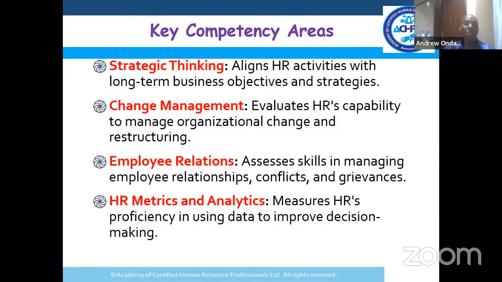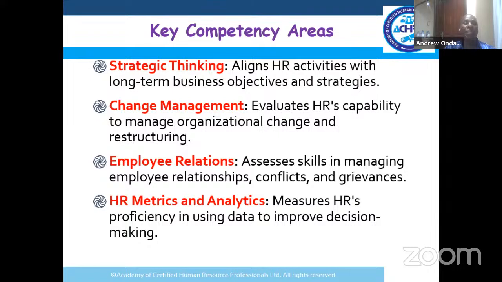Restructuring might have to do with one, declaring redundancies, two, renaming or rebranding certain jobs, or three, introducing new technologies. So these changes must be managed in an effective way.